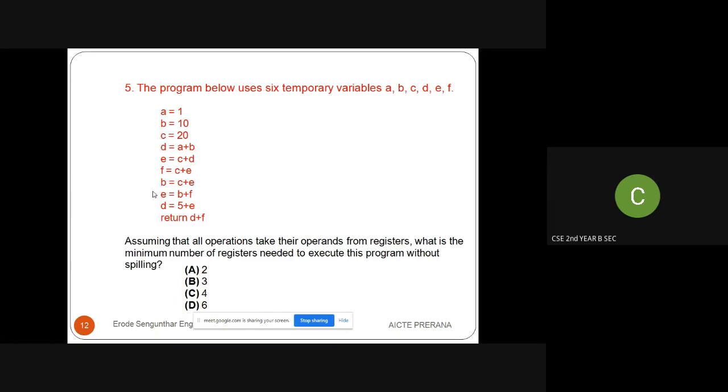So assuming these clues, just tell what will be the minimum number of registers needed for executing the above program.